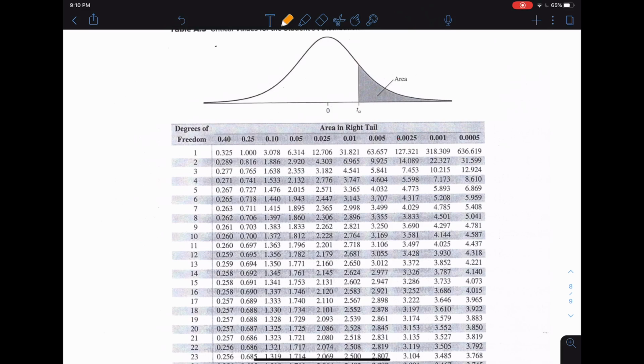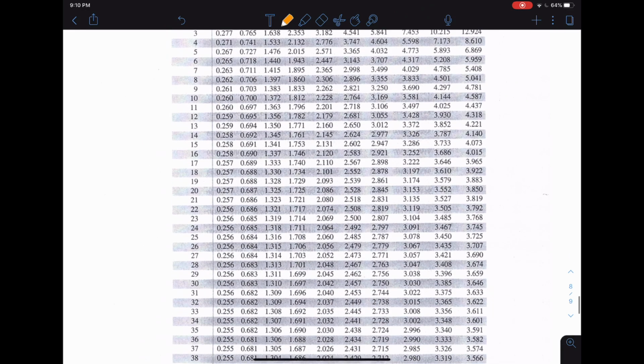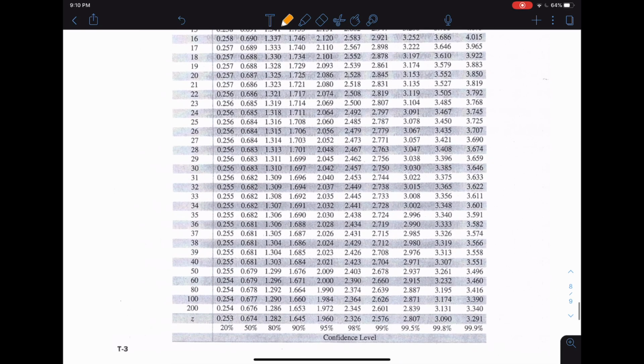Orange. Haven't used orange ever, I don't think. So degrees of freedom is 46. This brings up a little thing here. The rule is, if the degrees of freedom are not on our chart, and we're talking about degrees of freedom less than 200, then you drop down to the next level.